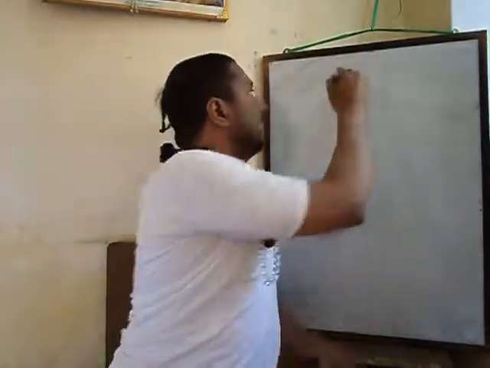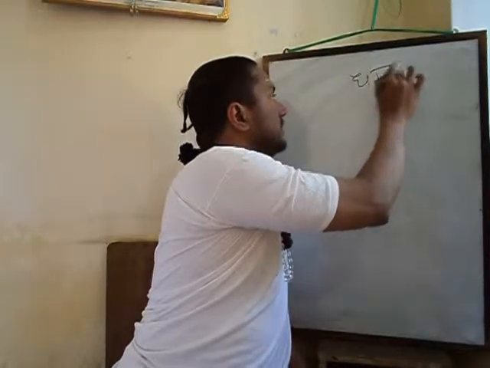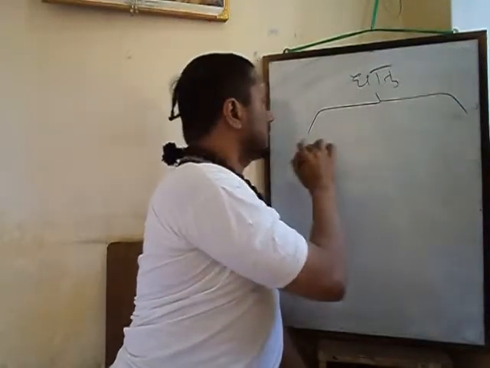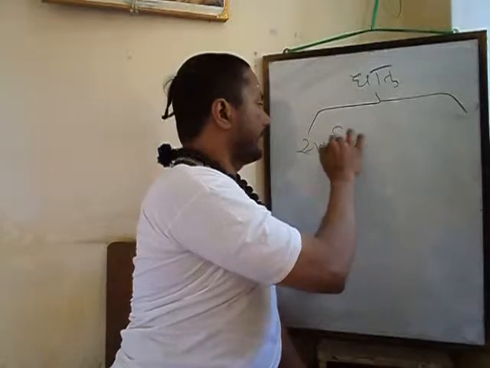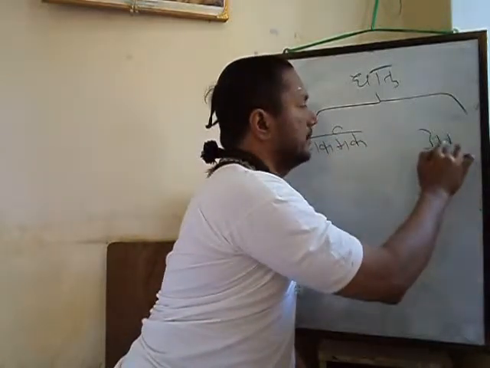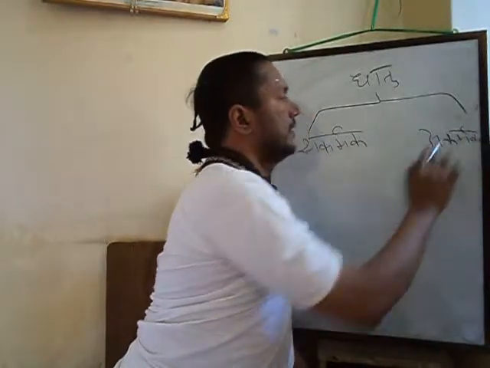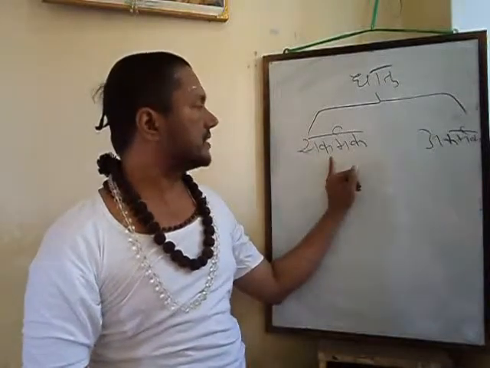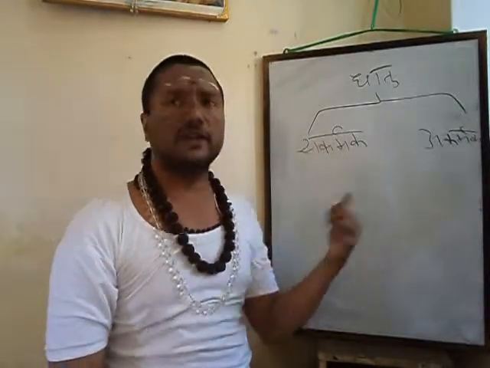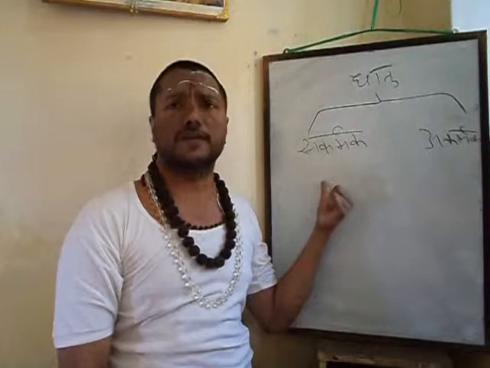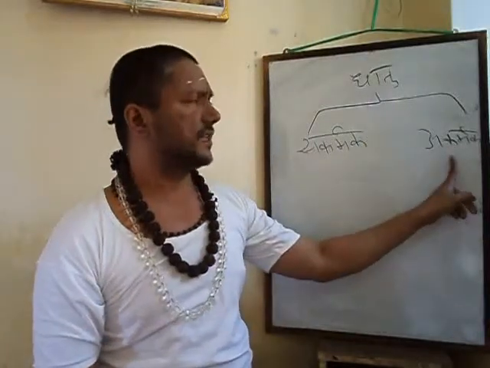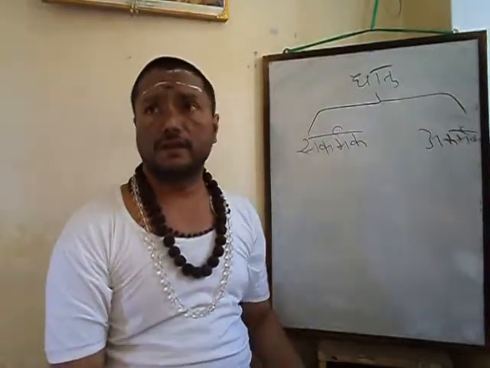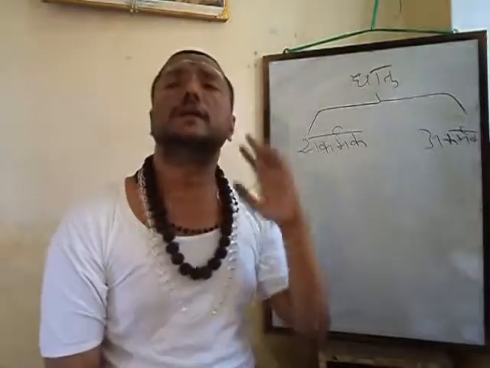Here we have dhatus which are sakarmaka and akarmaka. When there is a function or transaction associated with it, it is used as sakarmaka. When there is no function or transaction, it is akarmaka. Sometimes it will look funny, but it will be like that.